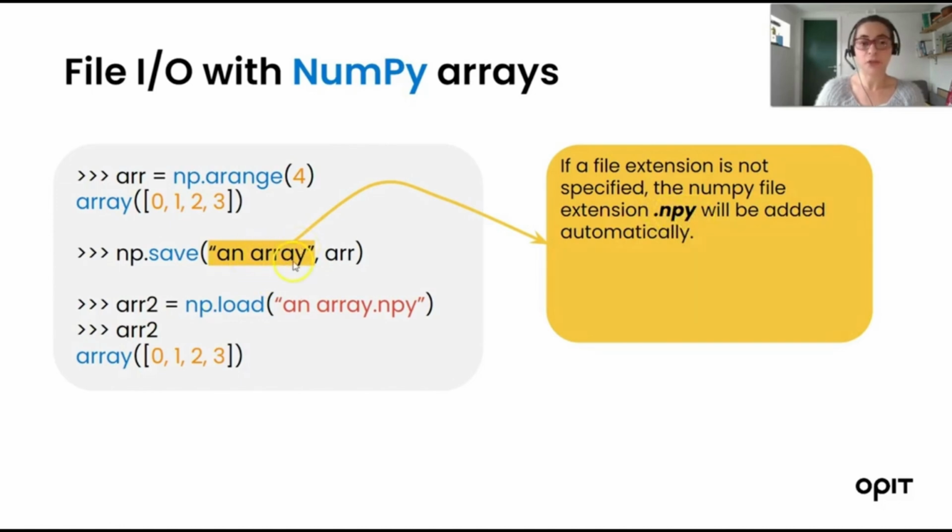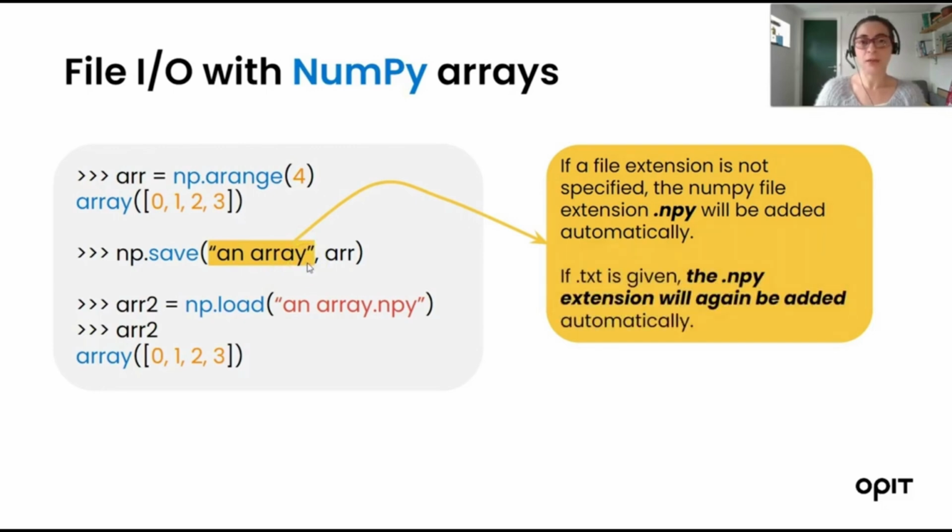So if you forget to use an extension, don't worry about it because the interpreter will always add one. But if you give another text file extension, for example, txt, notice that the npy extension will again be added automatically, and that will create an extension npy on the already existing extension txt. So it's better to forget rather than give the wrong file extension.